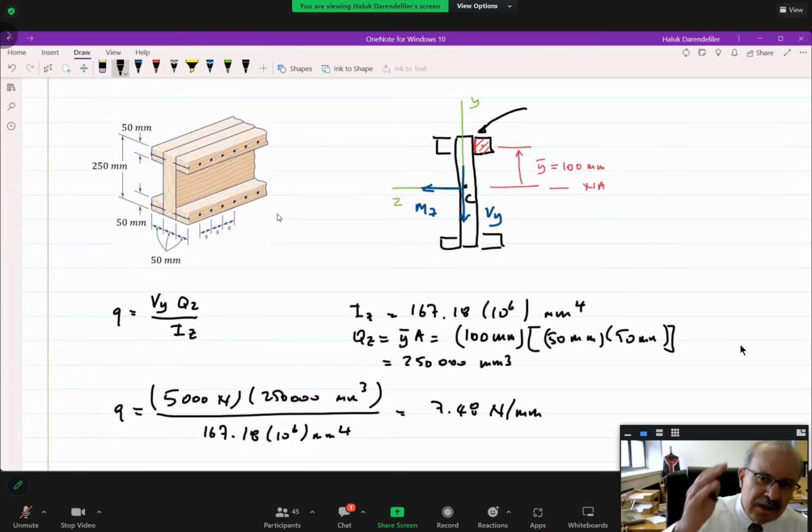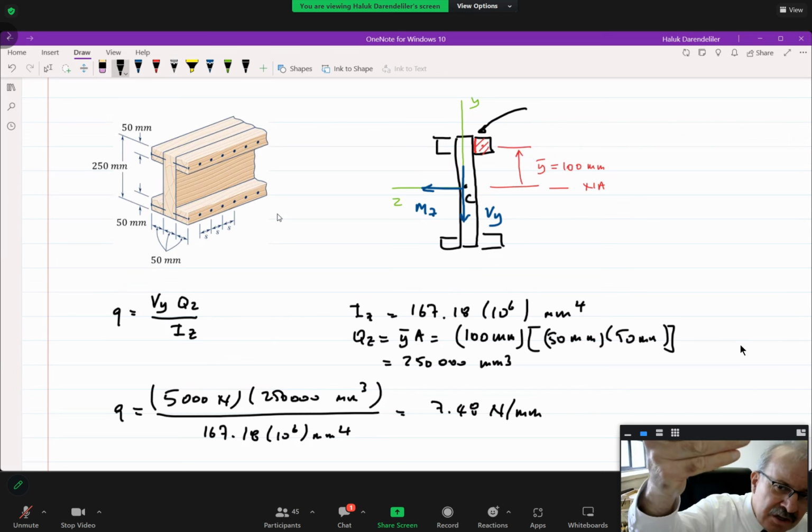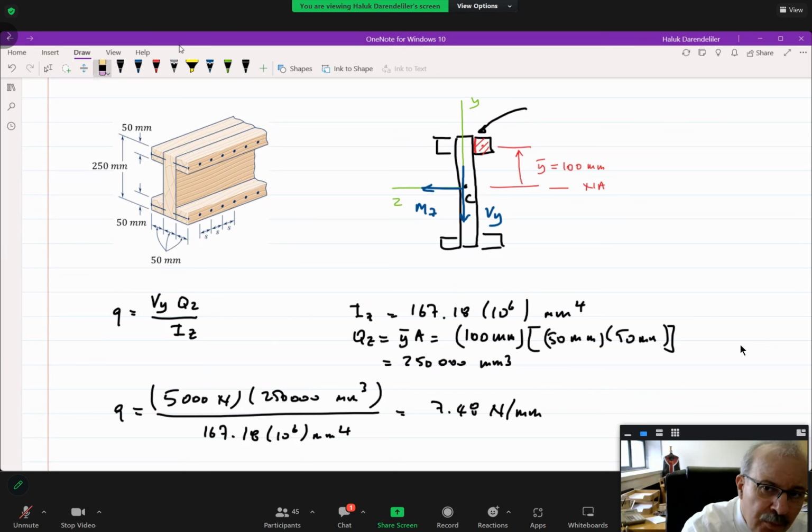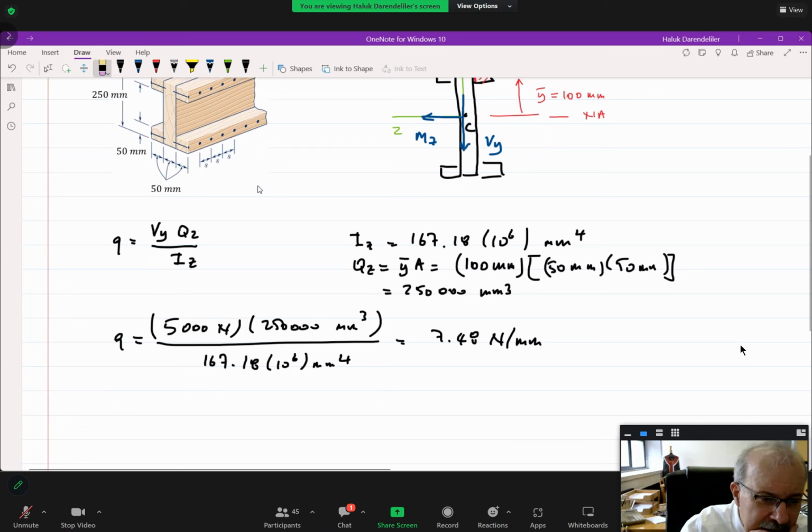This red line indicates a longitudinal plane; we just see its intersection with the screen. So on this plane, we have such a shear flow per unit length. Look at the nails. The nails are transferring the shear between these two wooden parts. Therefore, do you remember the equation?